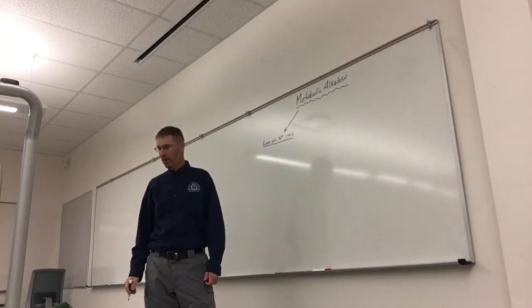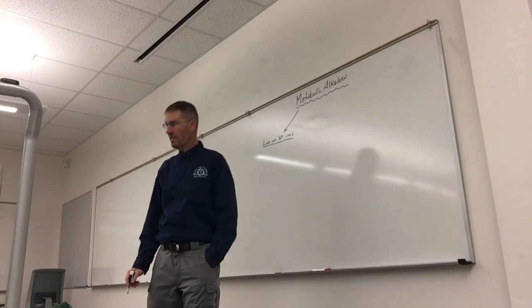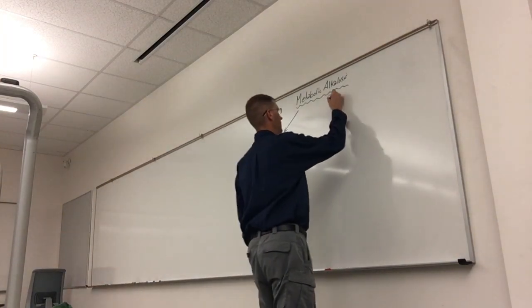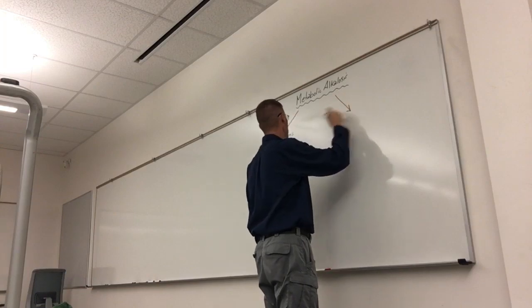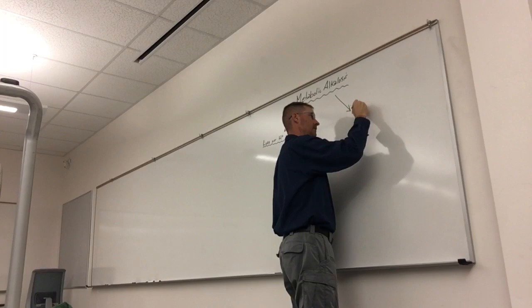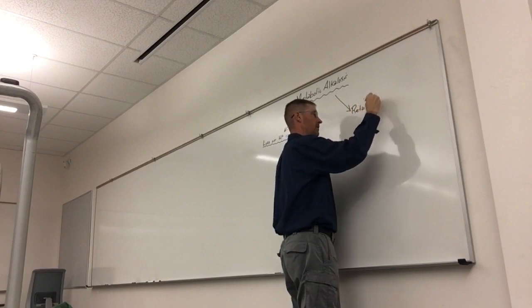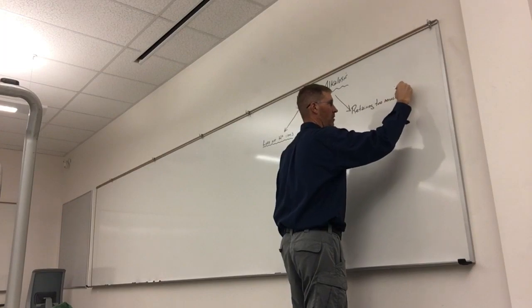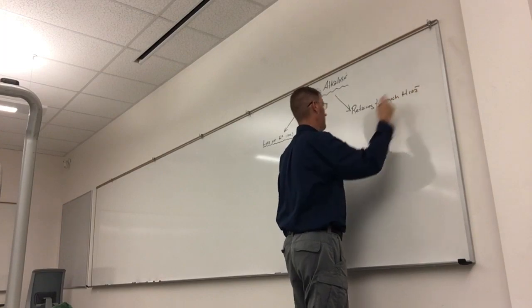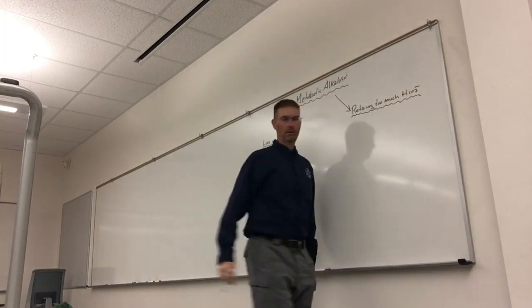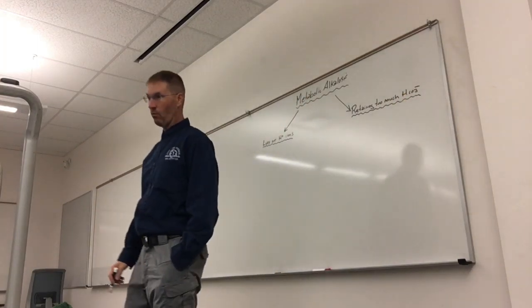And then the other major cause is simply retaining too much bicarbonate. Right, so I'm either losing too many hydrogen ions, or I'm retaining too much bicarbonate. These are the two major ways that we can do it.